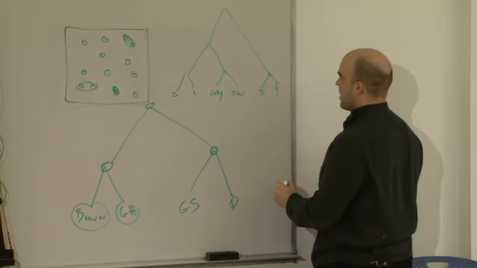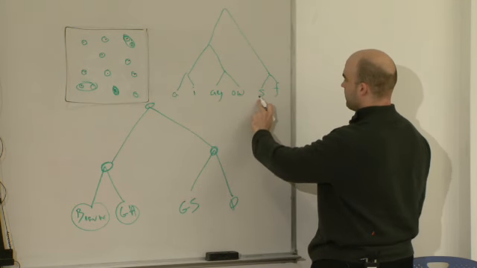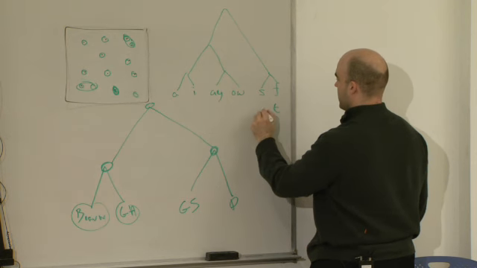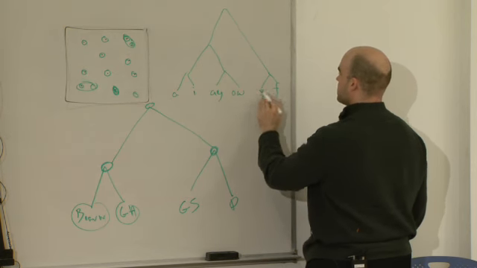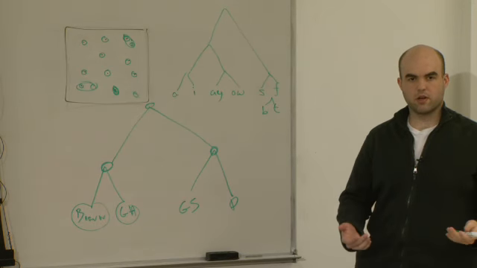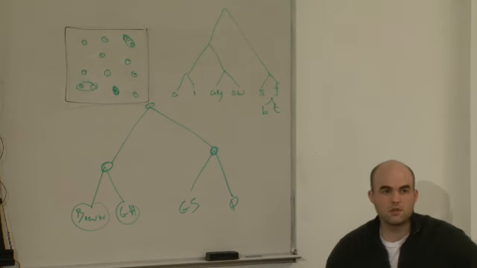These might be fricatives, but then I might have some stops like T and B that get merged first. It's a way of making these generalized groupings at different levels.